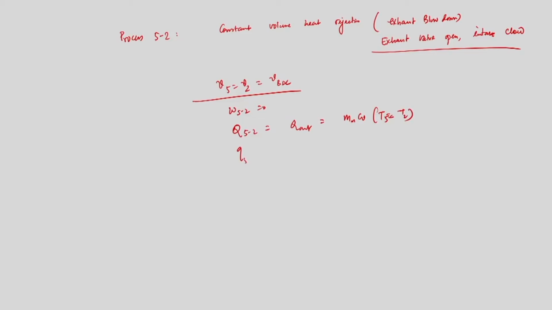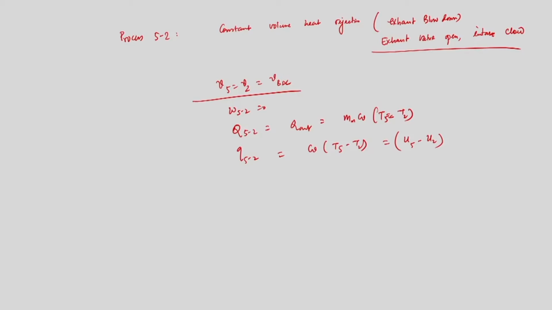So Q5 to 2 is equal to CV times (T5 minus T2). This is the exhaust blow down, and that is equal to U5 minus U2, right.